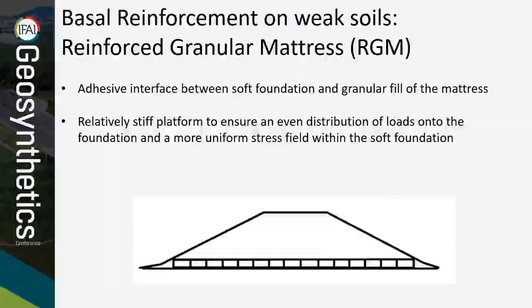The RGM interacts with the embankment because it creates an adhesive interface between soft foundation and granular mattress, but also a stiff platform to ensure an even distribution of loads onto the foundation and a more uniform stress field within the soft foundation. These properties enable the RGM to influence the deformation of the foundation soil and may be used to mobilize the maximum shear strength and the bearing capacity.